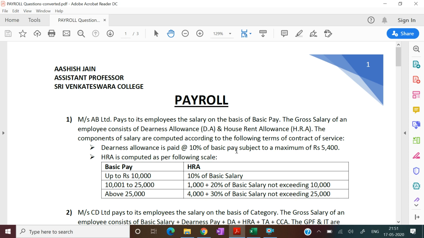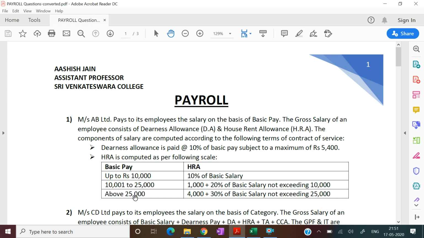The next term and condition is related to HRA. HRA is to be computed as per the following scale. If basic pay is up to rupees 10,000, then HRA would be 10% of basic salary. If basic pay is between 10,001 and 25,000, HRA is to be paid rupees 1,000 plus 20% of basic salary, which should not exceed rupees 10,000.